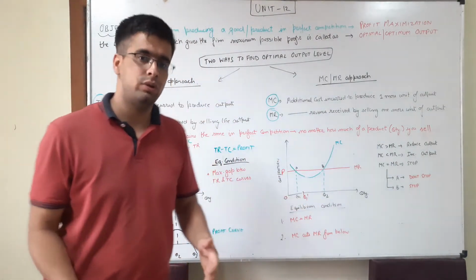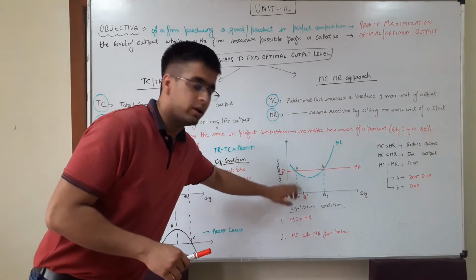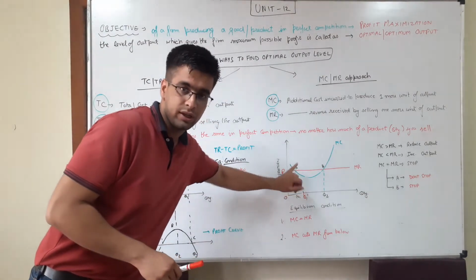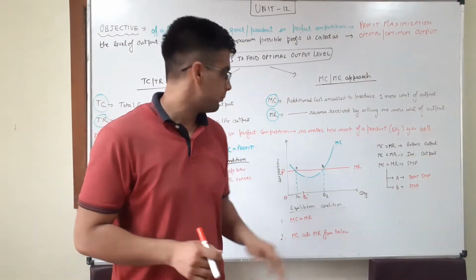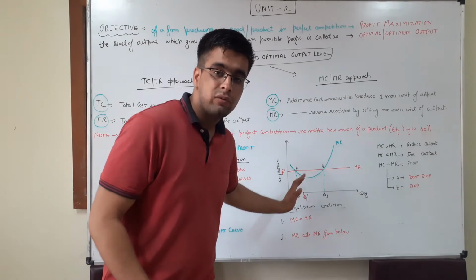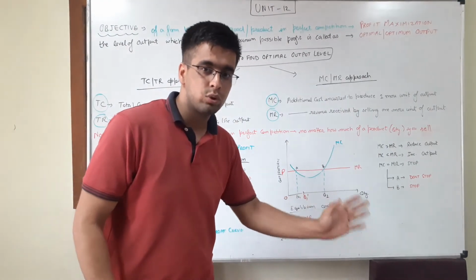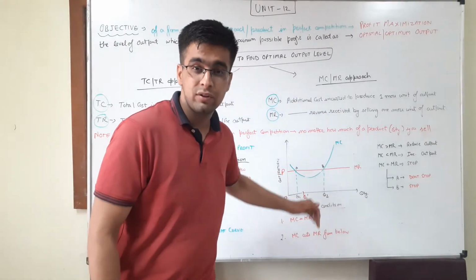Why is it so? Let's say if we produce at OQ1, that is point A, you'll be alright for the point. But if you increase your output more than OQ1, the additional revenue will be greater than the cost.